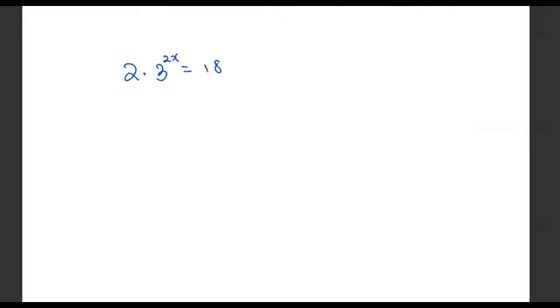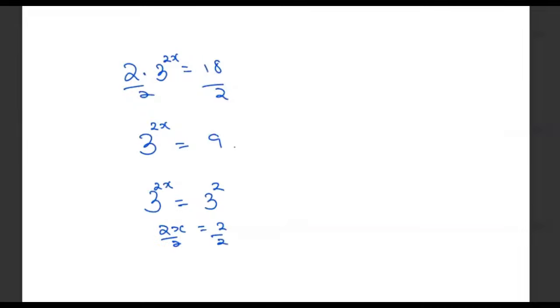So divide both sides by 2, meaning that 3 to the 2x is equal to 9. Then let's express 9 with a base of 3. So 3 to the 2x is the same as 3 squared. Drop the bases. 2x is a 2. Then divide both sides by 2. x becomes 1. Okay, so that is 2.1.